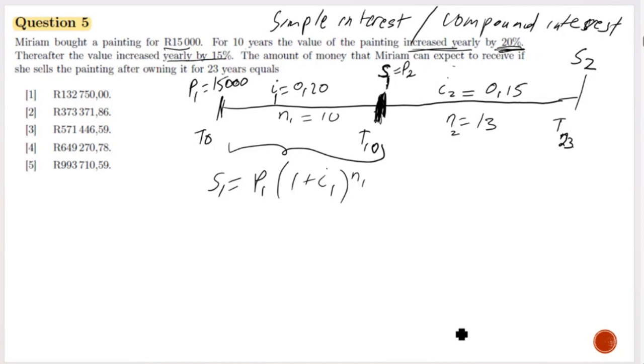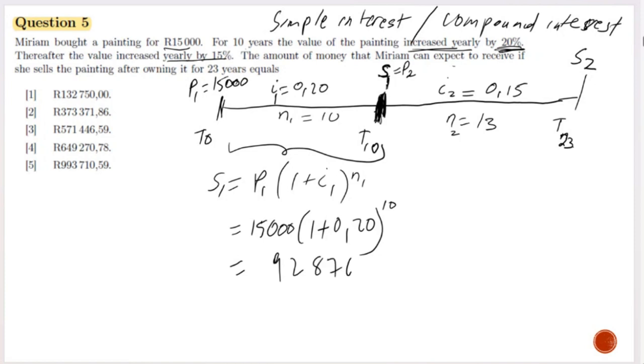It is compounding annually, so we don't need to worry about the compounding periods. So our S1 is going to be 15,000 into 1 plus 0.20, to the power 10. Our answer there is going to be 92,876.05. This is S1.